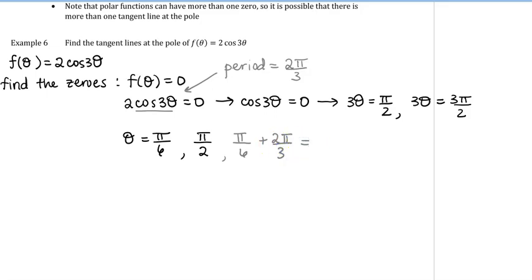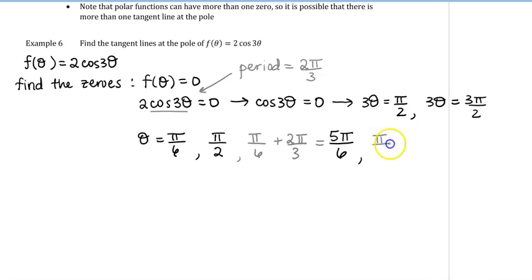This would give me 5 pi over 6. If we took the solution of pi over 2, and added the period of 2 pi over 3, we would get 7 pi over 6.